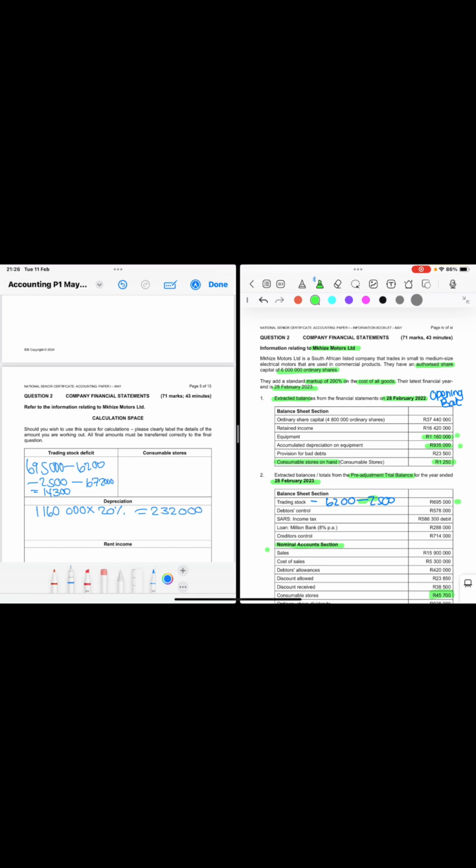So now let's check if there's enough of the depreciable amount. Our carrying value would have been 1,160,000 minus 935,000, and that gives us 225,000.